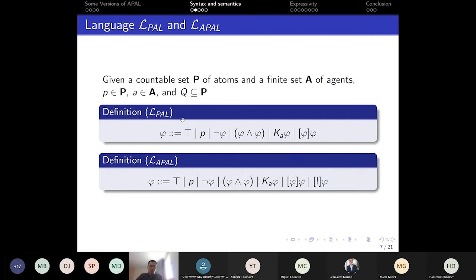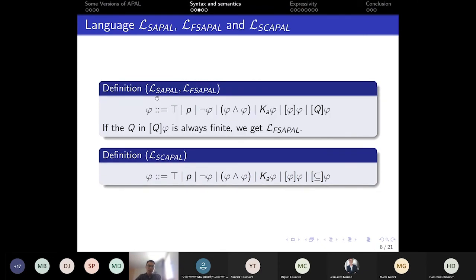Okay, now I will introduce the definition of the syntax and the semantics of these logics. First of all, for the language of PAL, there is a public announcement such that after phi. For the language of APAL, it adds a quantifier to the language of PAL. And for the language of SAPAL and FSAPAL, there is a subset of atoms as the parameter to the quantifier.